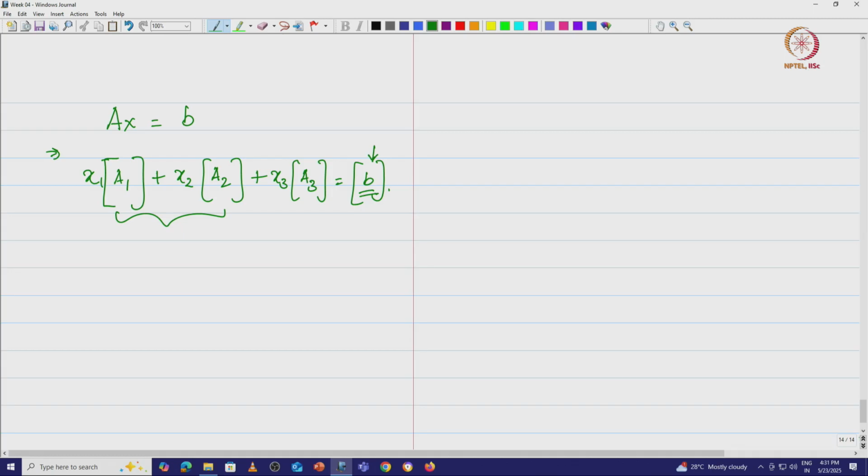Therefore, what do I do? If you look at A transpose A in this case, it is a 3 by 3 matrix of rank 2, which implies A transpose A is not invertible.